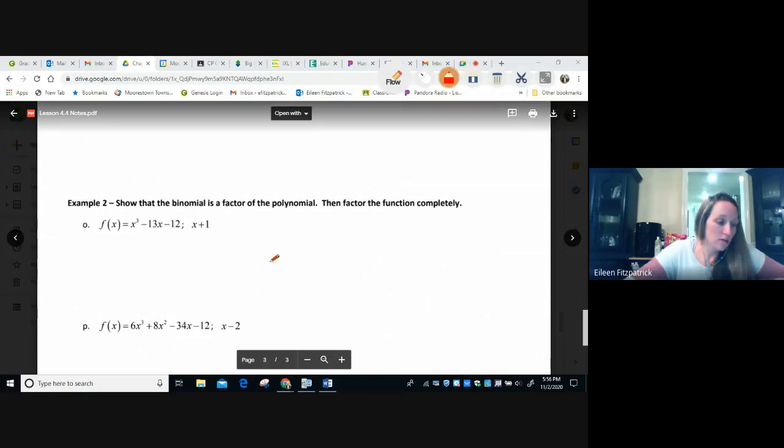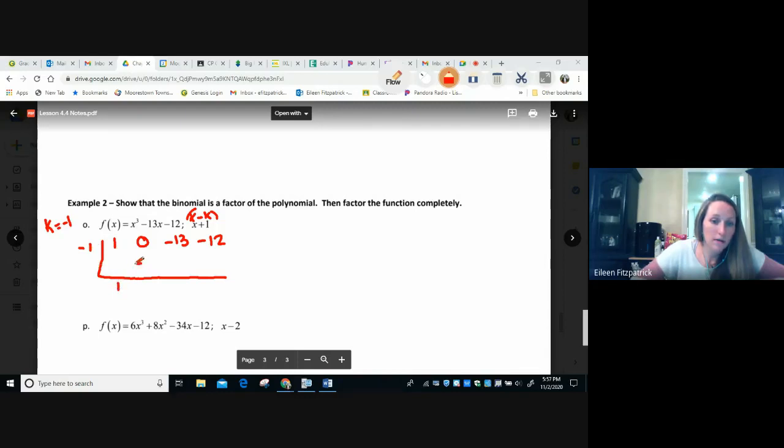I'm going to show you two different options for the first problem. First, your k value is -1, because we divide by x minus k. If I use synthetic division, I set up my k value and my coefficients, with placeholders: 1, 0, -13, -12.